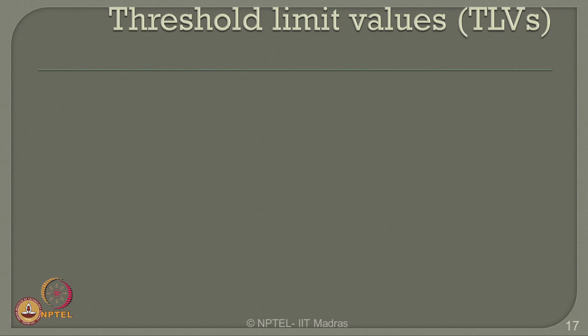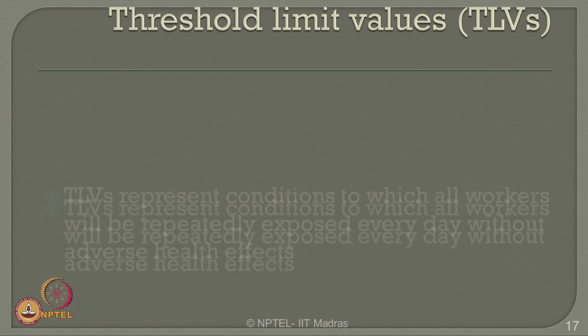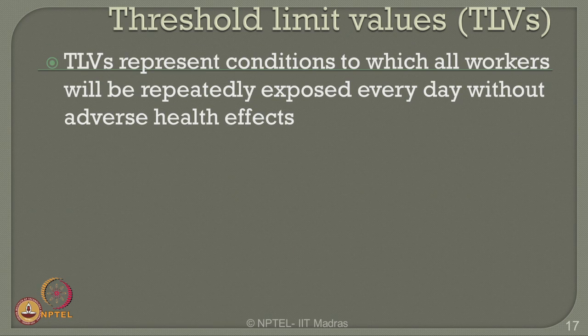Now we talk about threshold limit values, in short TLVs. TLVs actually represent conditions to which all workers can be repeatedly exposed every day without adverse health effects. Friends, please note, the threshold value is a limitation imposed on exposure to a human being who is working in the plant, without causing any adverse health effects.